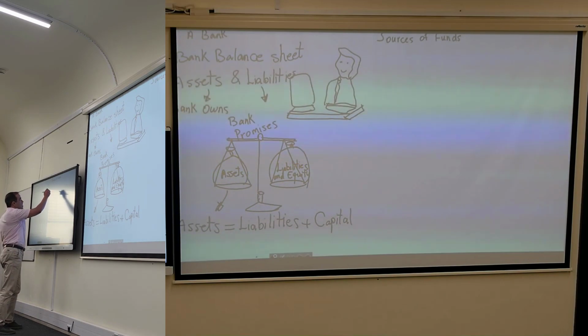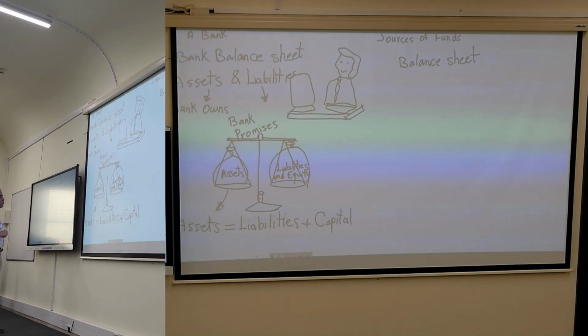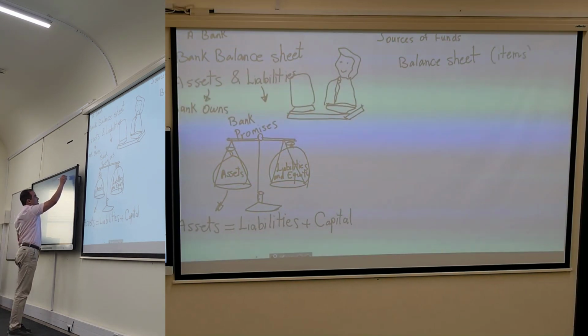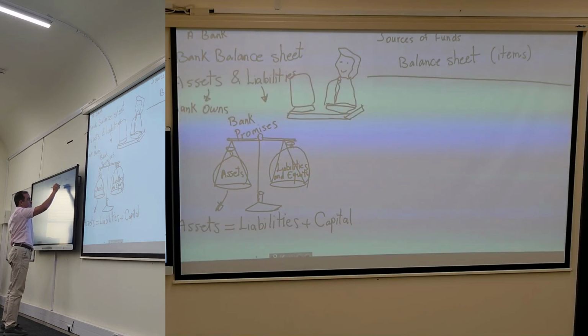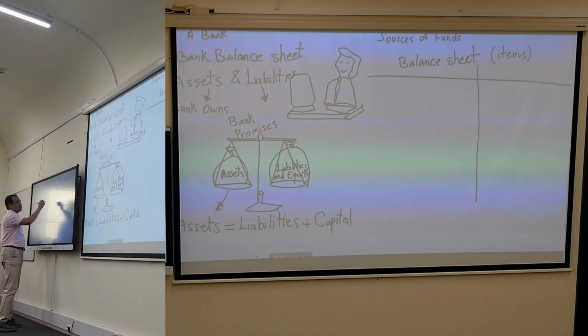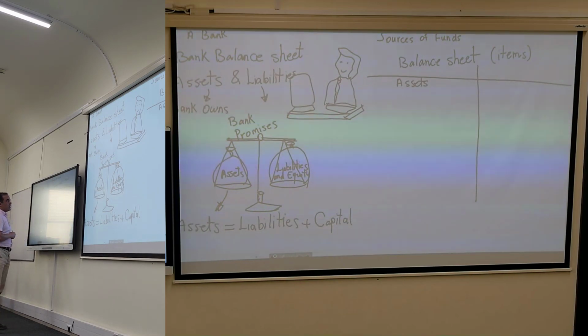So if we have a balance sheet here, the items that we might have would be something like the assets.